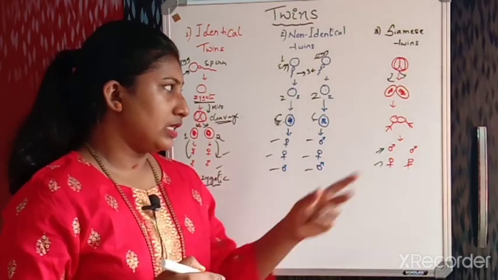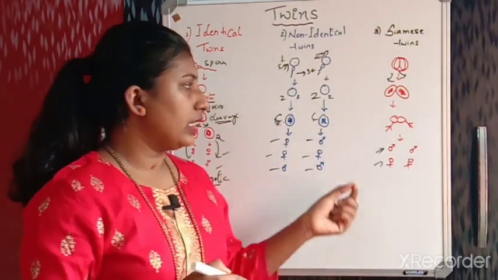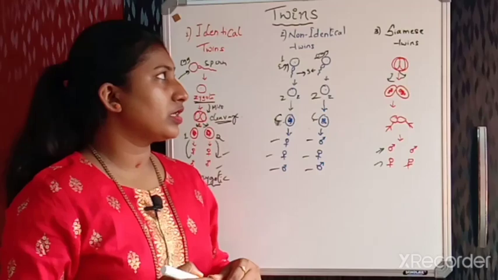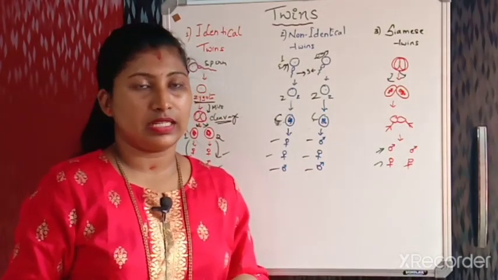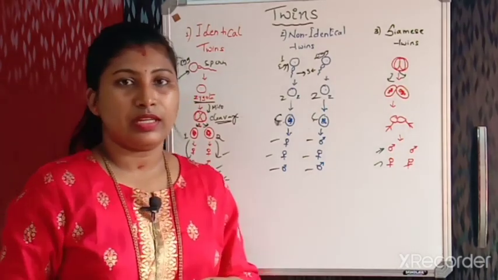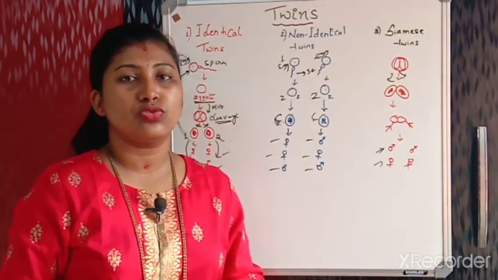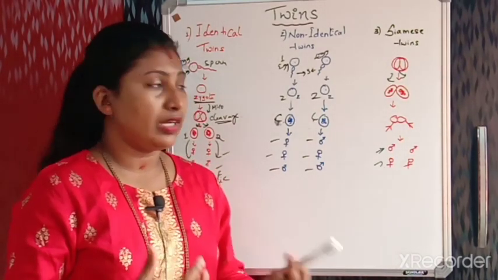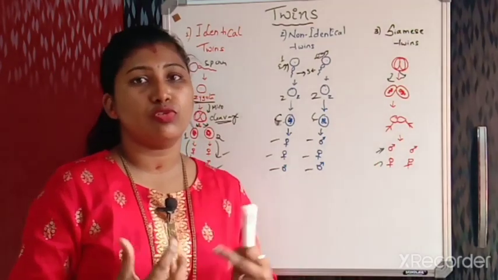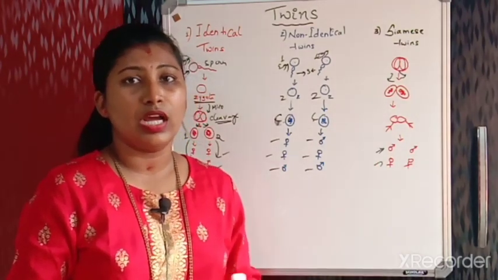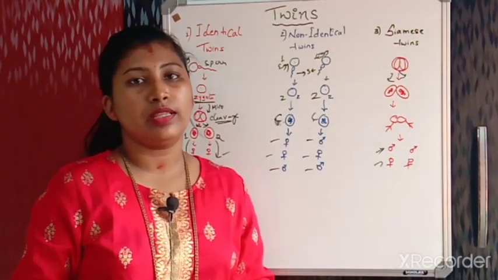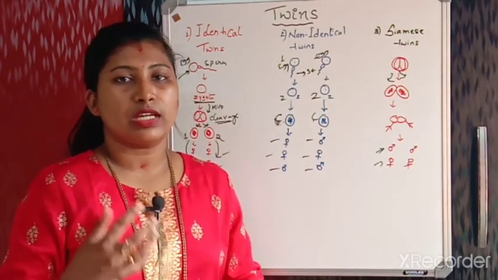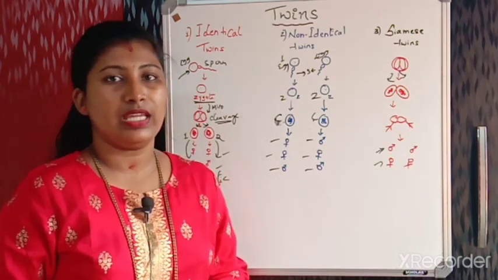You might ask a question: can Siamese twins be separated? In some cases, yes, they can be separated, but in some cases, depending on the attachment of vital organs like the heart or genital organs, one individual may die. So the survival rate is very low.